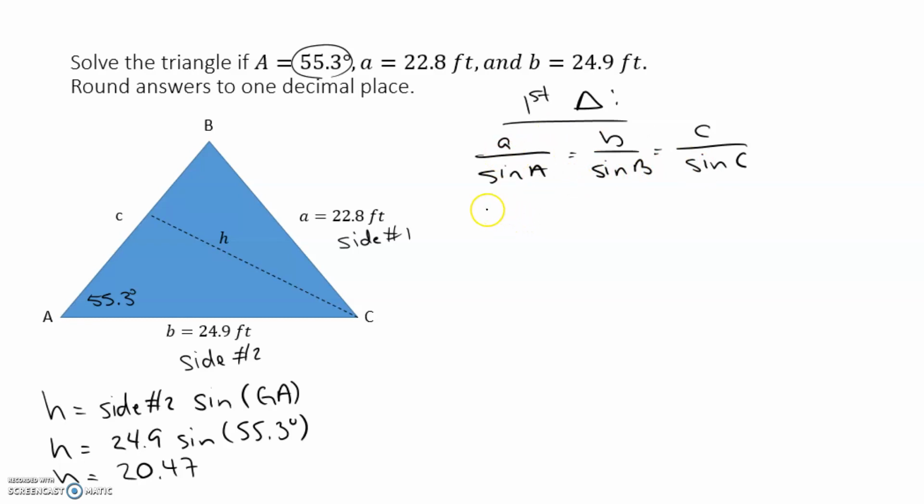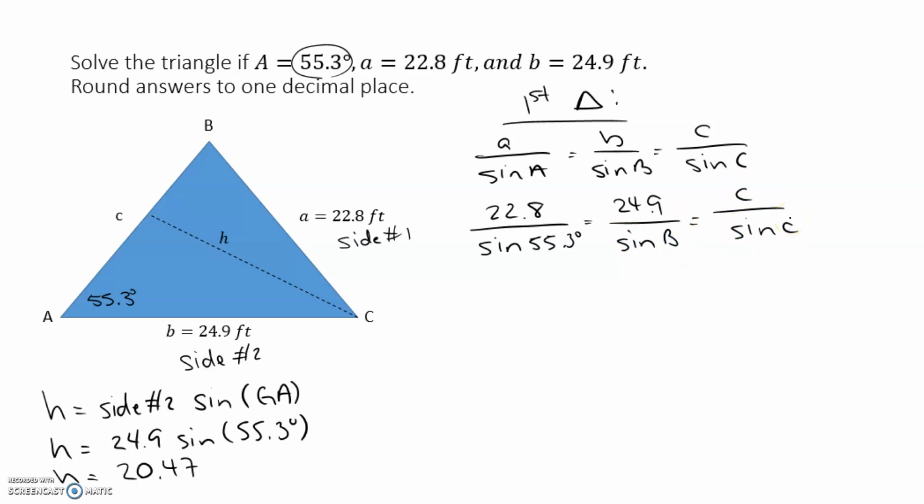Okay, I'm going to plug in what I know. 22.8 over sine of 55.3, and then 24.9 over sine of B, and C over sine of C.